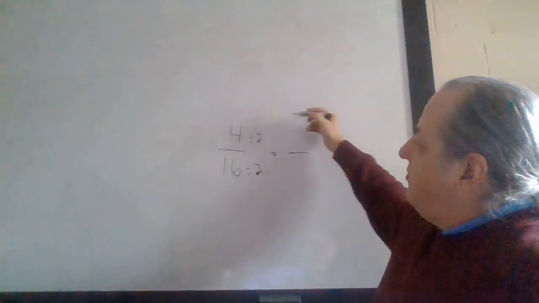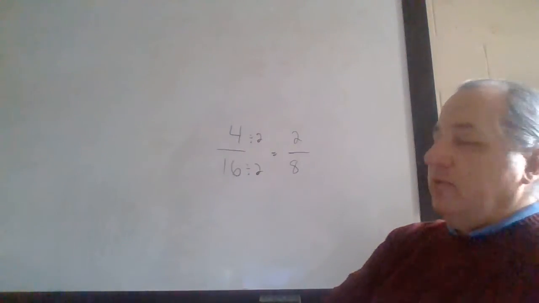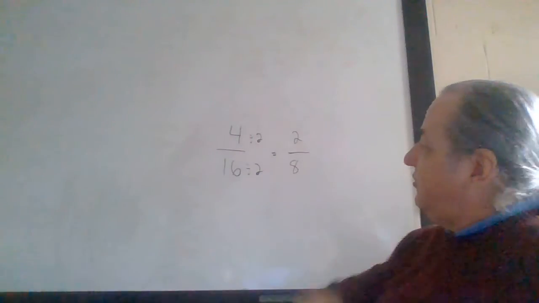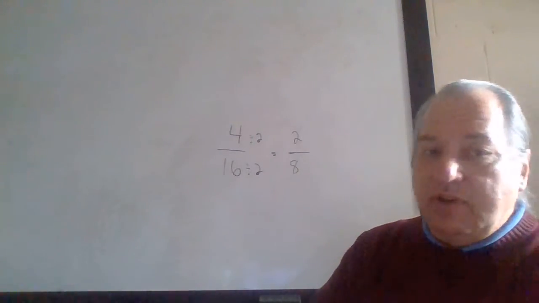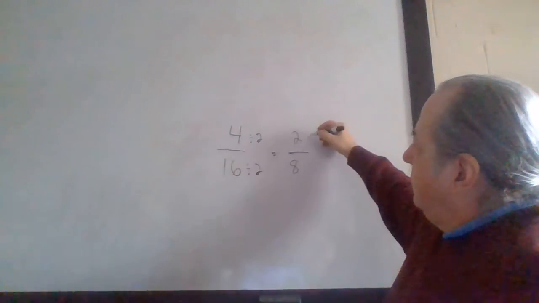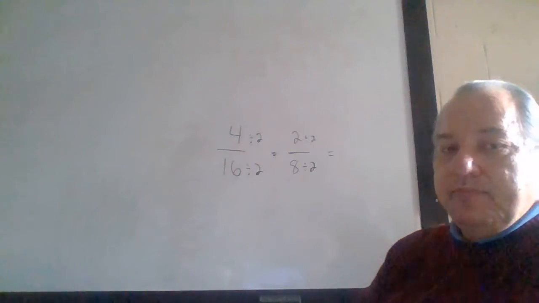And 4 divided by 2 is 2, and 16 divided by 2 is 8. But then I have to ask my question, is that number 2 over 8 in simplest form? And the answer there is no, it is not, because they're both even numbers. So I can divide both numerator and denominator by 2 a second time.